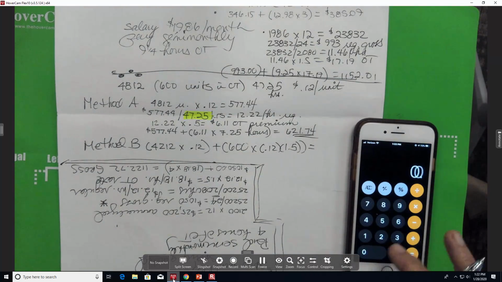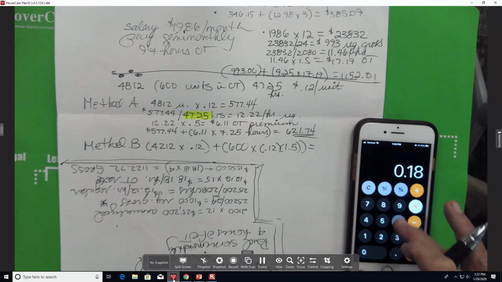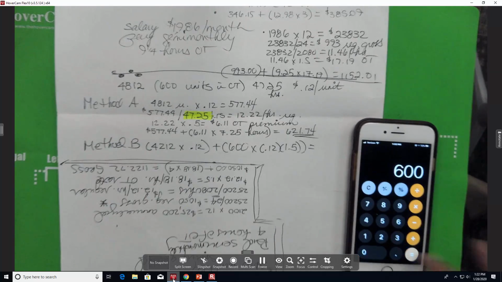So I think we're paying her 18 cents. And that 1.5 is just the overtime. That's always, yep, that's just the 1.5 is the mandatory overtime, right?